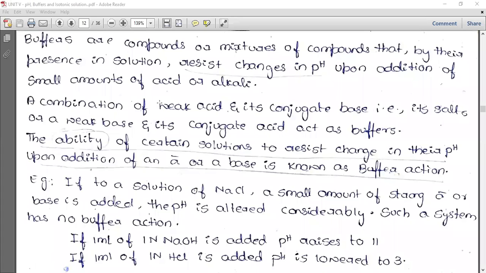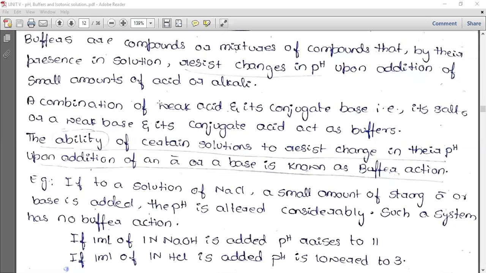How is it possible? It is because of the presence of buffers. Buffers prevent the change in pH that would happen if we add any acid or base to a system.